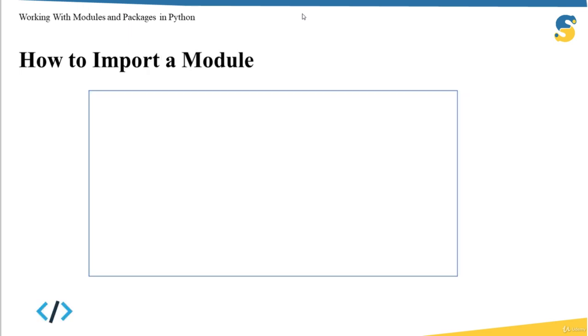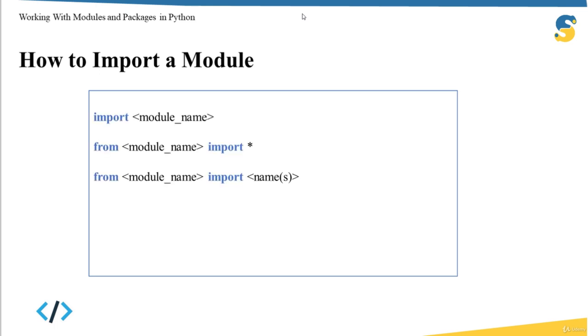Now let's assume that you have a module, and within that module you have some variables, functions, and so on. So how can we import names from a module, which means how can I import a function from a module, for example, in order to be used in another module? Actually, there are multiple ways for importing. So we can say import module name, we can use from, and usually we use from to import some names from a module, not everything.